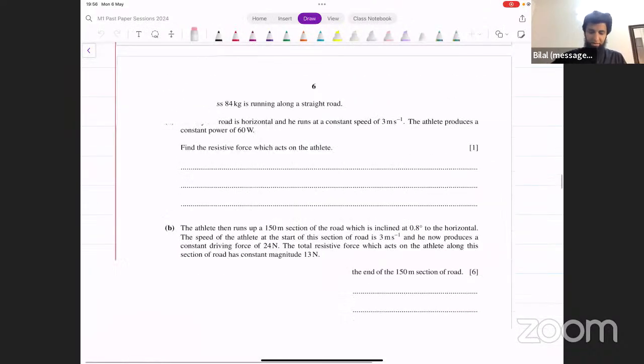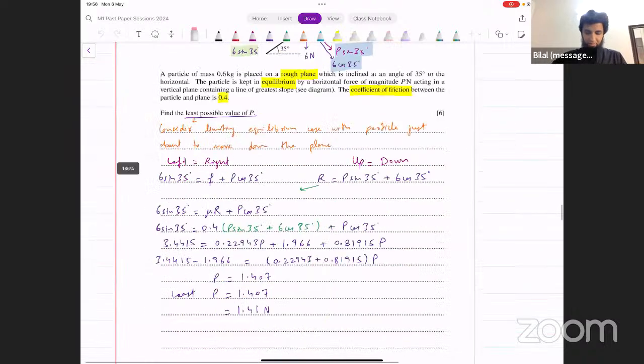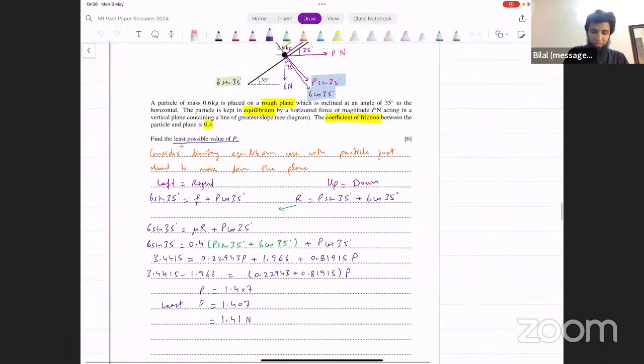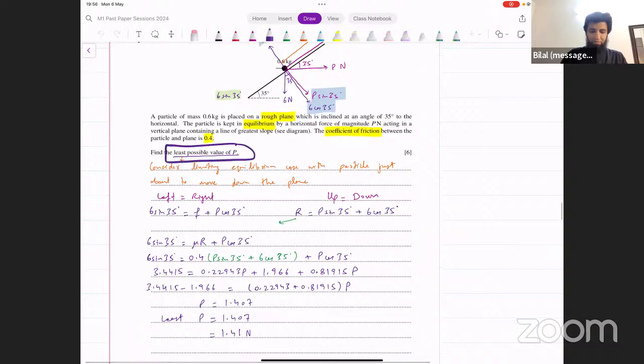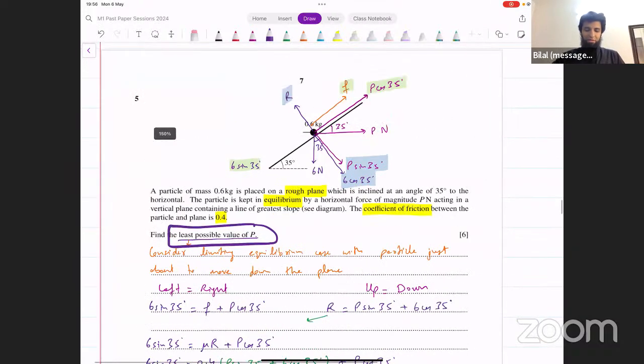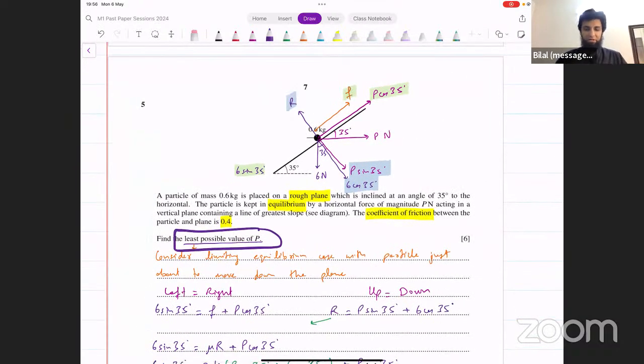Okay, this we actually have done live as well. It says find the least possible value of P. And you have this inclined surface, which is a rough surface, right? The idea is exactly the same. You have this force P acting in this direction, and this force is basically holding or keeping this particle in equilibrium.